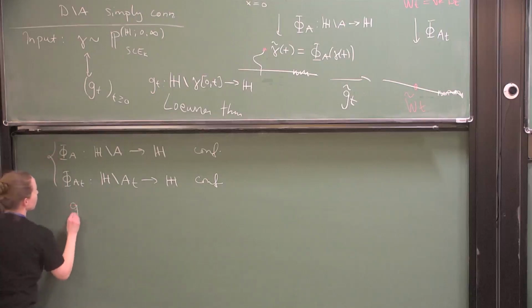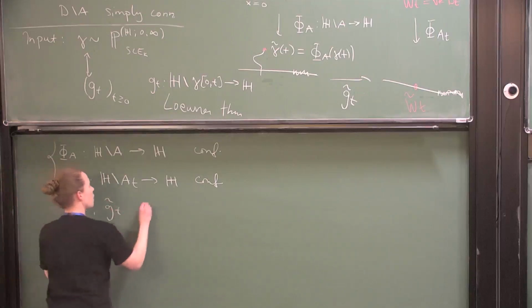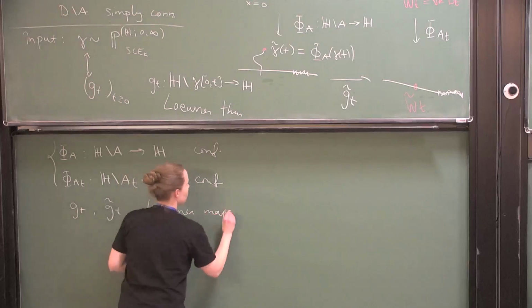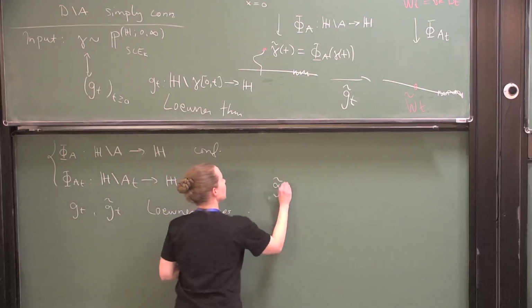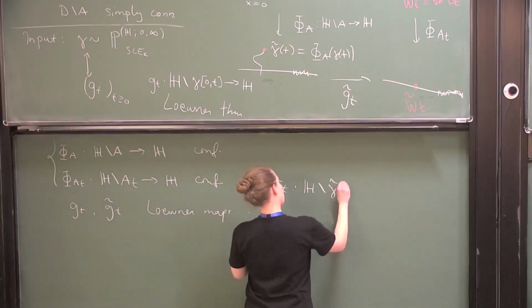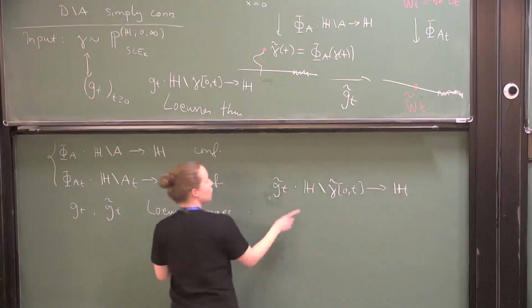And then this GT and the G tilde T are this kind of Loewner evolution. So G tilde T is killing the gamma tilde T. And GT we already know.